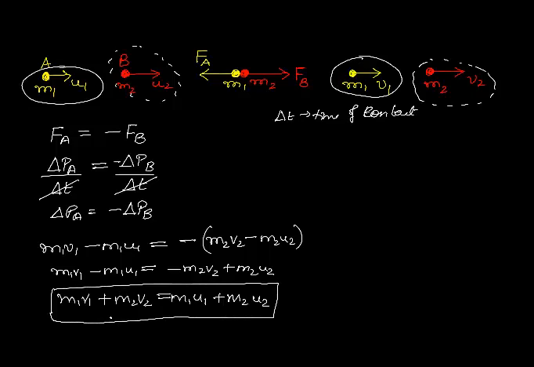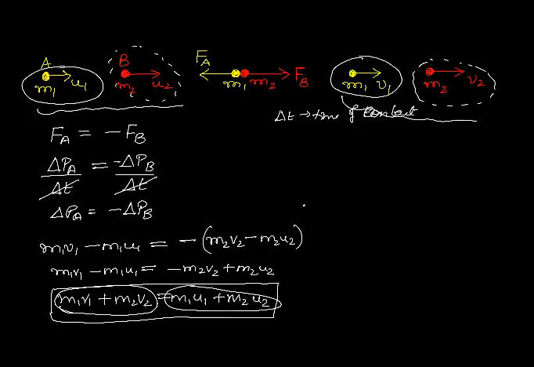This expression is telling us that this is the total final momentum, the momentum after the collision, is over here, and this is the momentum which is before the collision, which is over here. So this tells us that total momentum after collision is equal to total momentum before collision.